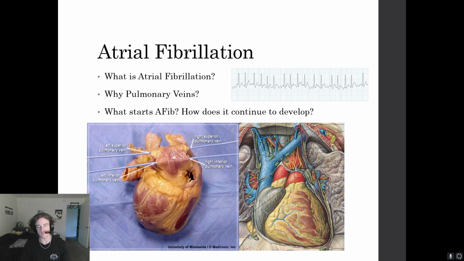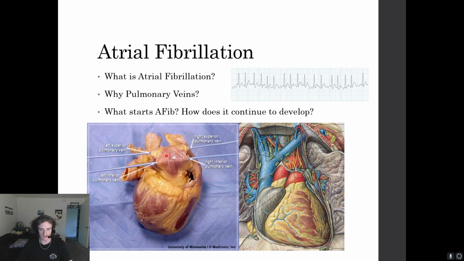But when the fibrosis occurs, you get fibrotic islands. Now the signal can go everywhere because it's hitting these fibrotic areas, and they make their own circuits. It's the same mechanism as AVNRT. Let's say this right here, where the red is, is a fibrotic island.